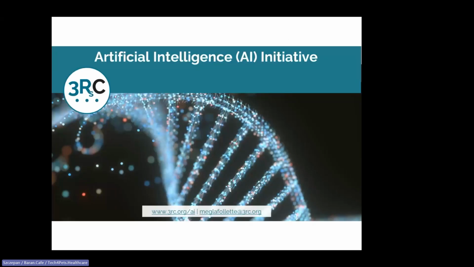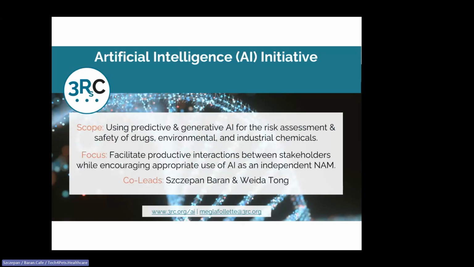So just talk a little bit about the AI initiative if you're not a member of it. This is a new initiative, one of the latest ones within the 3 Rs Collaborative. And our scope is really using predictive and generative AI for risk assessment and safety of drugs, environmental and industrial chemicals. So really grows across all different industries.